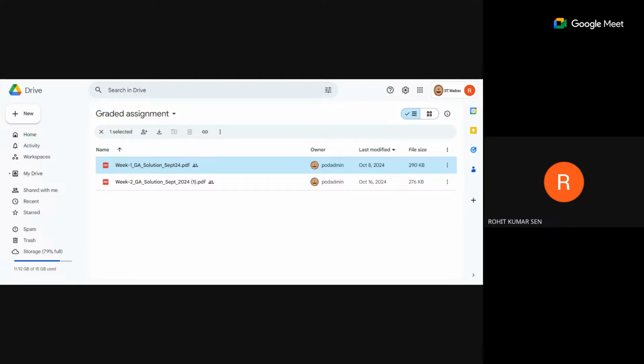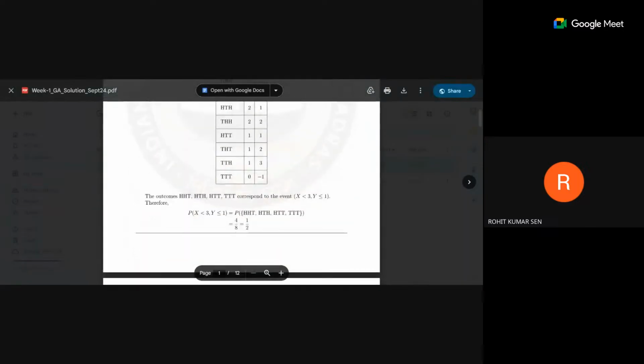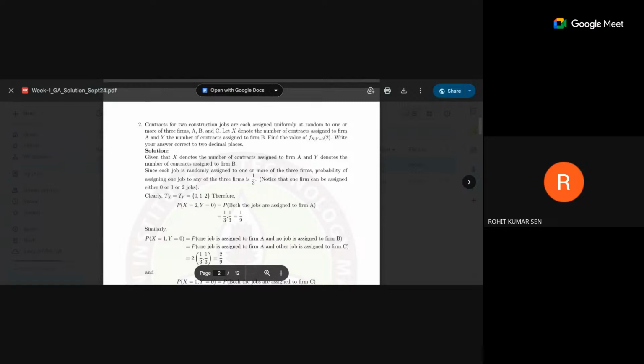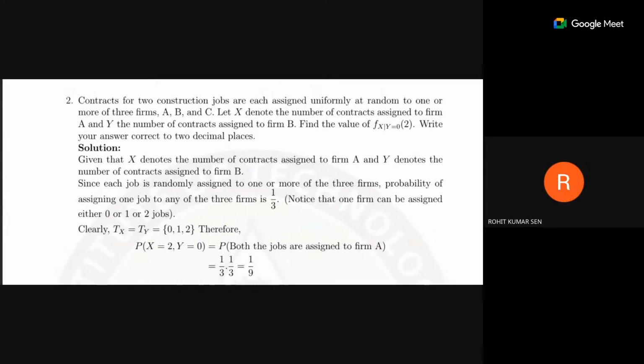Contract for 2 construction jobs are assigned uniformly at random to one or more of 3 firms. It is week 1, right?